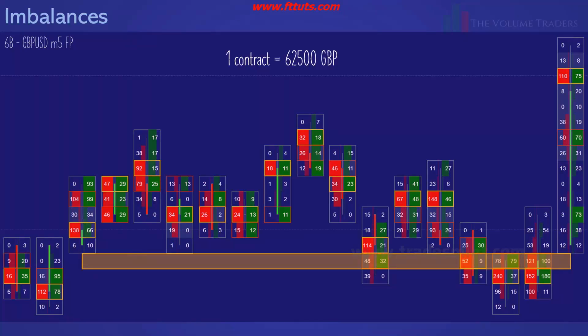So in the example here, we have 0 on the bid and 23 on the ask. So the math is simple, yeah. 23 times 62,500, so it means almost £1.5 million of buy pressure appears on this price level.